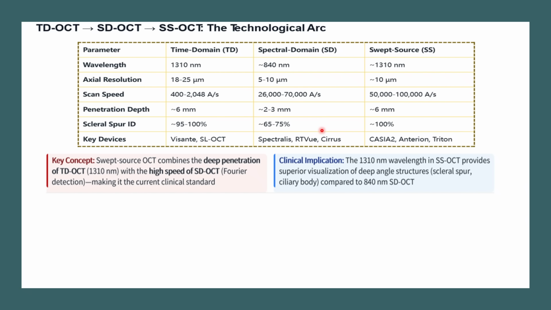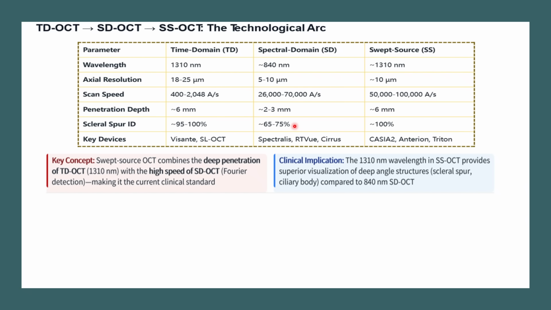You can see the penetration in the time domain and the swept source is around 6 millimeters into the tissue. It means good penetration for the opaque tissues, the sclera, the iris, and the scleral spur. So you can see that the time domain achieves 95% to 100% penetration, and nearly 100% penetration in the swept source, but only 65 to 75% in the spectral domain.